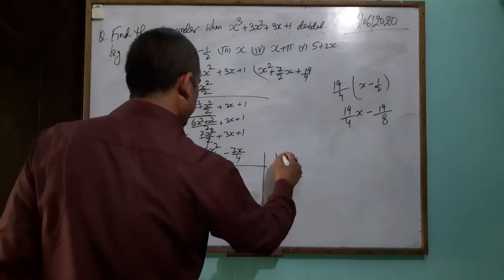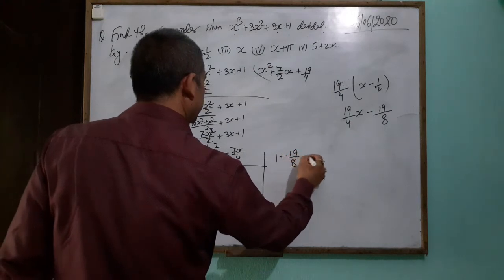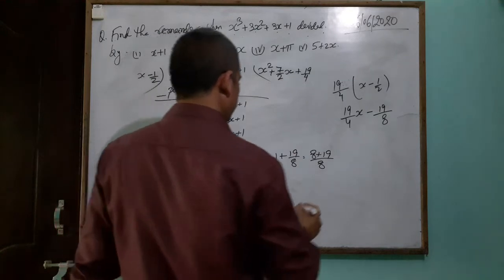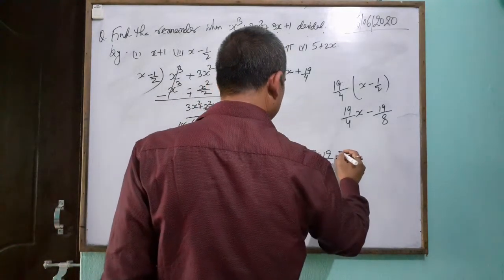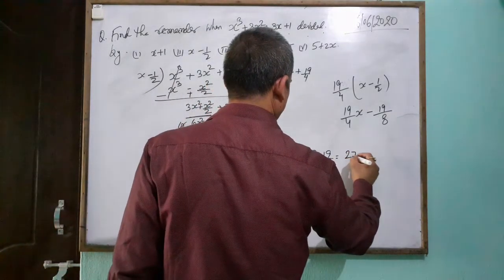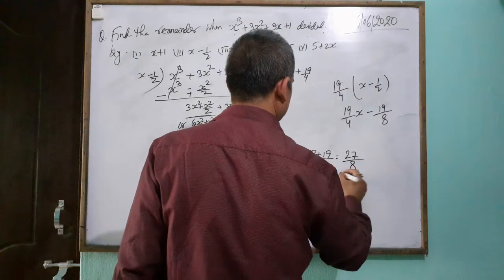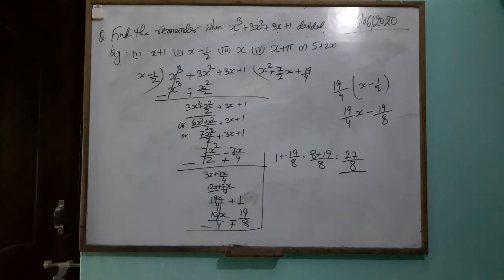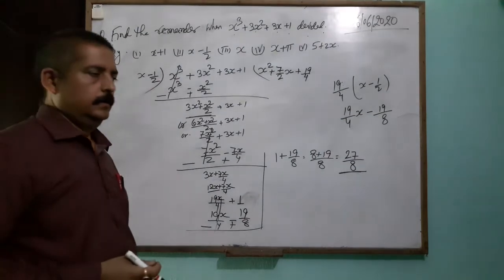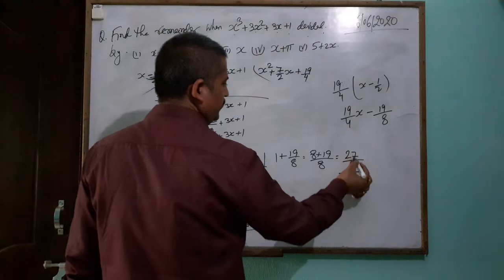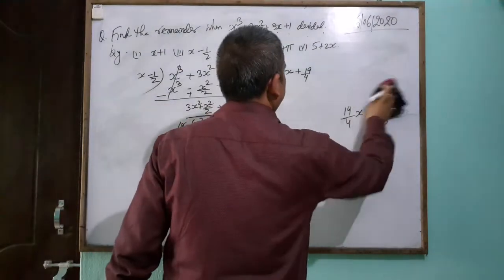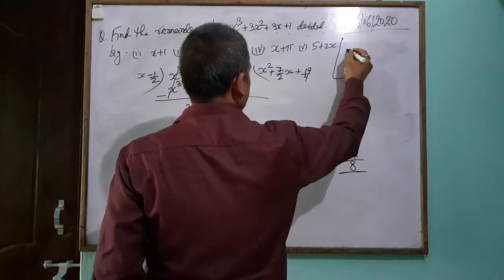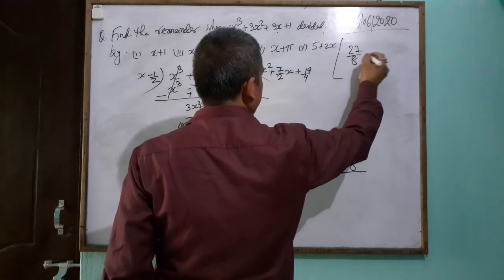So 1 plus 19 by 8 is equal to 8 plus 19 by 8. That's the remainder. So the remainder is 27 by 8. So we note that 27 by 8 is the remainder.